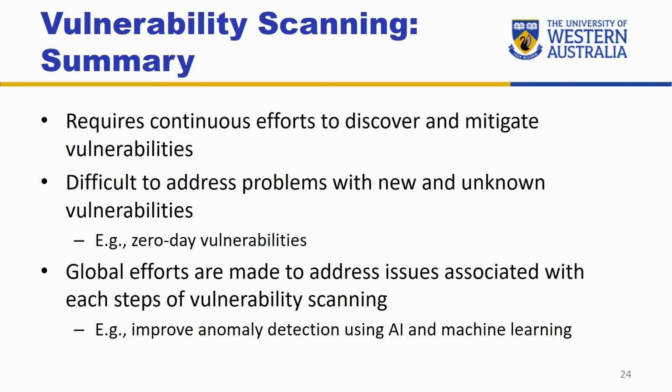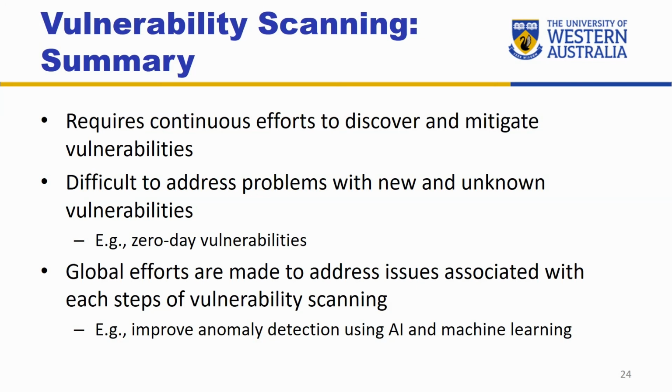Okay? So global efforts are being made to address issues associated with each step of vulnerability scanning, trying to improve anomaly detection using AI and machine learning. So not just that we can address the known vulnerabilities, but at the same time deal with unknown vulnerabilities.